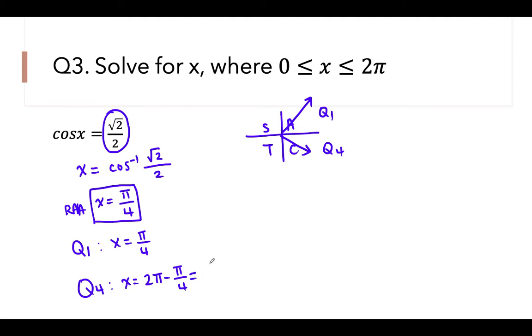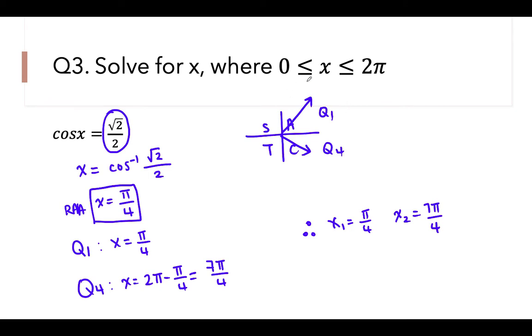That will give me 7 pi over 4, because with the same denominator, 4 times 2 is 8, and 8 minus 1 is 7. So my final answer is that x1 could be pi over 4, and x2 is 7 pi over 4.